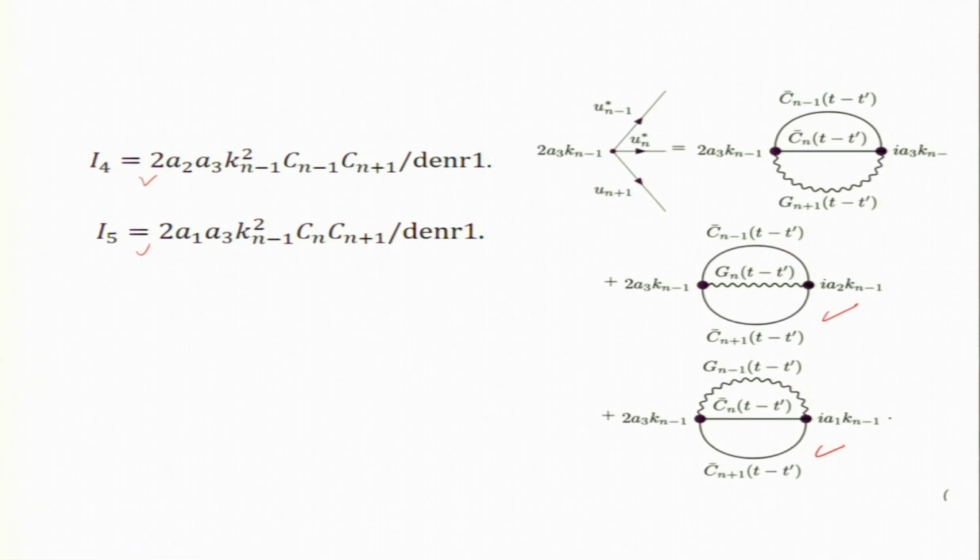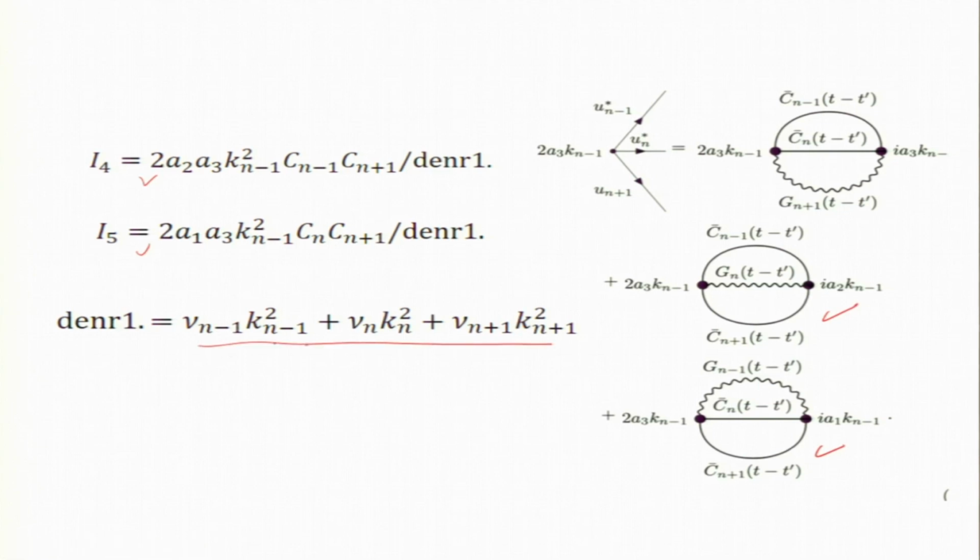So, I am using I 3, I 4, I 5 for these fluxes, and there is another set of diagrams for the second term of flux. I am going to use I 6, I 7, I 8. So, there are 6 integrals, 6 Feynman diagrams, and the denominator is this. They come from the time dependence part of the Green's function and correlation function.